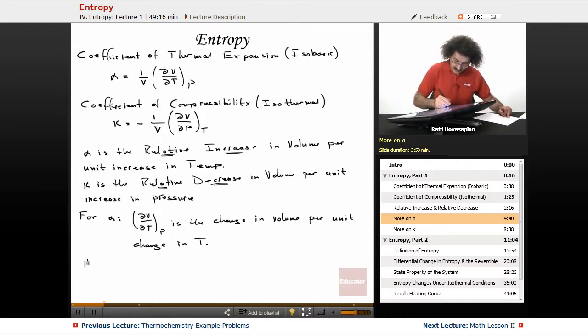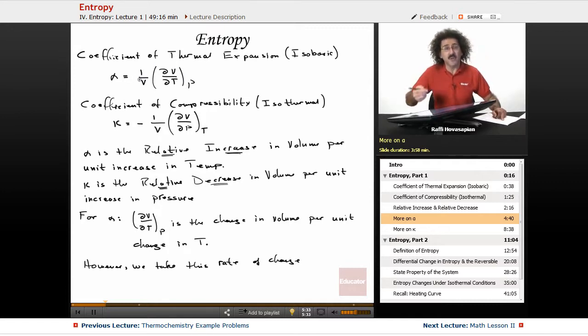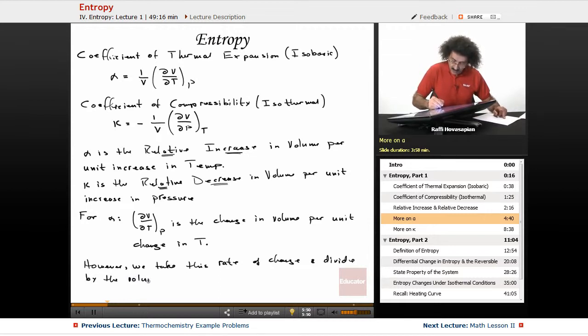However, we take this rate of change and we divide by the volume that we actually start off with, the volume we start with before the change actually begins. I'm just going to call it the initial volume. Just divide by the initial volume.